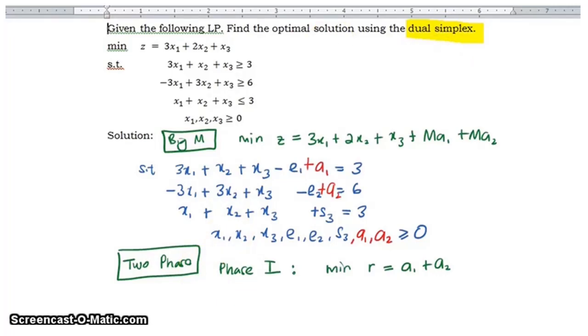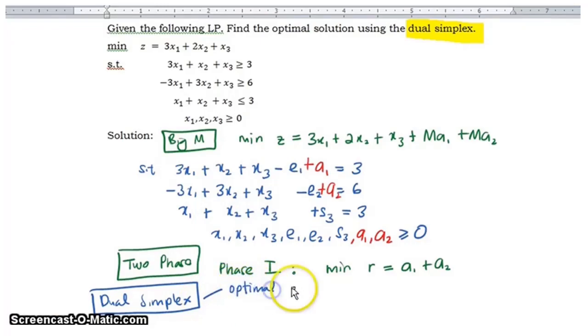In dual simplex method, we need to make sure that the optimality condition in the objective function is satisfied, where if the problem is minimization problem, all coefficients in the objective function are non-positive.